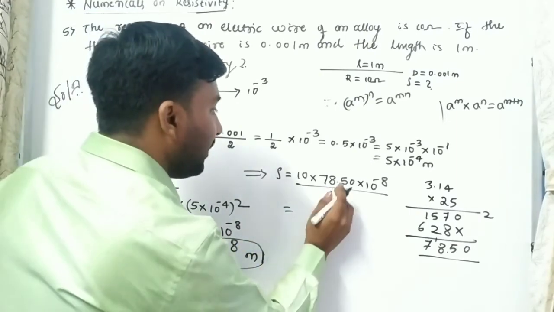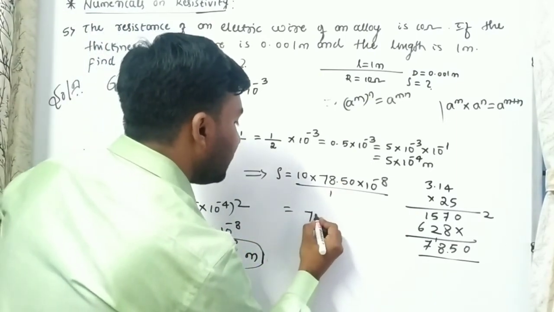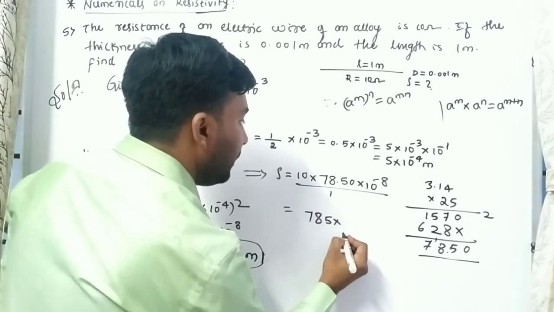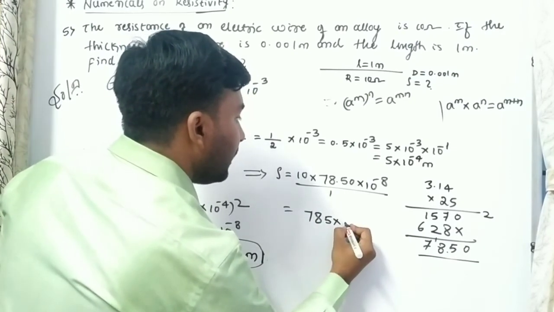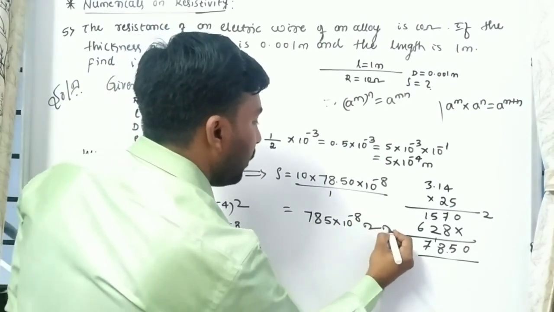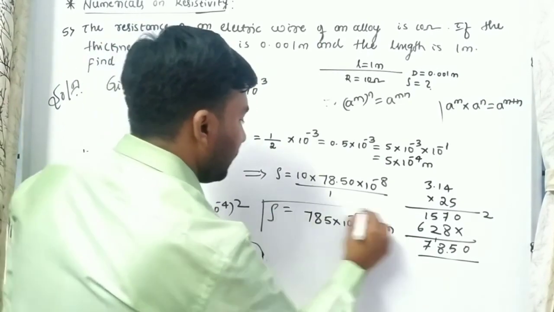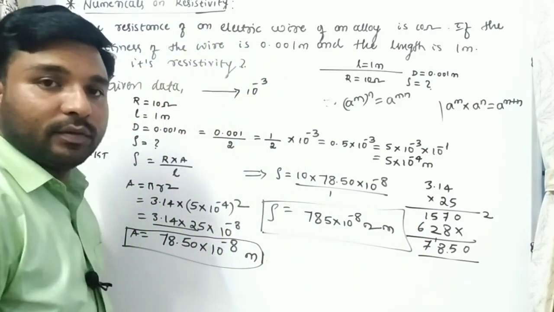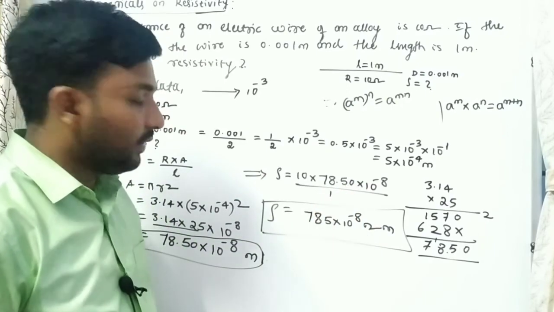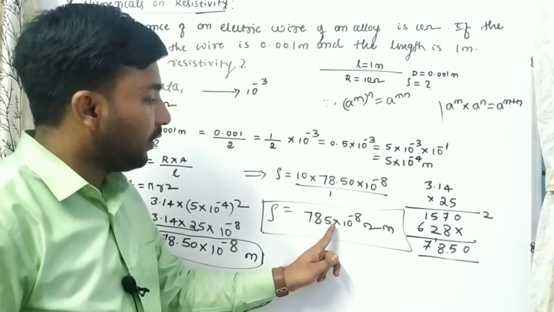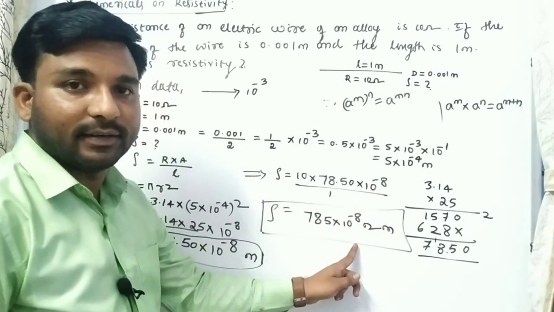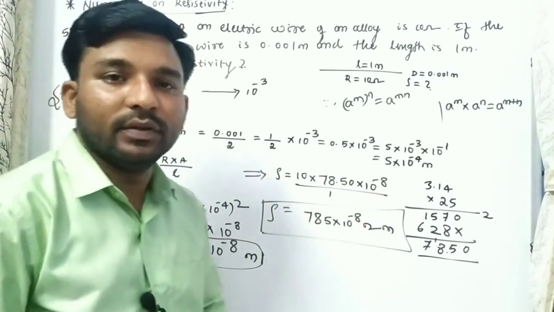Now the digit will be shifted here, so it is 785 into 10 raised to minus 8 ohm meter. Just I have shifted the point this side, so it will be 785.0 into 10 raised to minus 8 as it is. So hence we have solved this one.